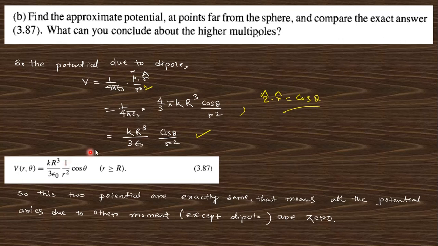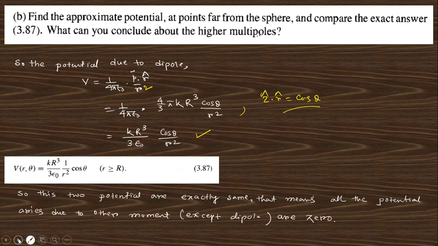So we can conclude that all the other moments above the dipole, that is quadrupole, octopole and so on, are equal to 0, because the total potential equals the potential obtained from the dipole only. So the other moments must be 0.